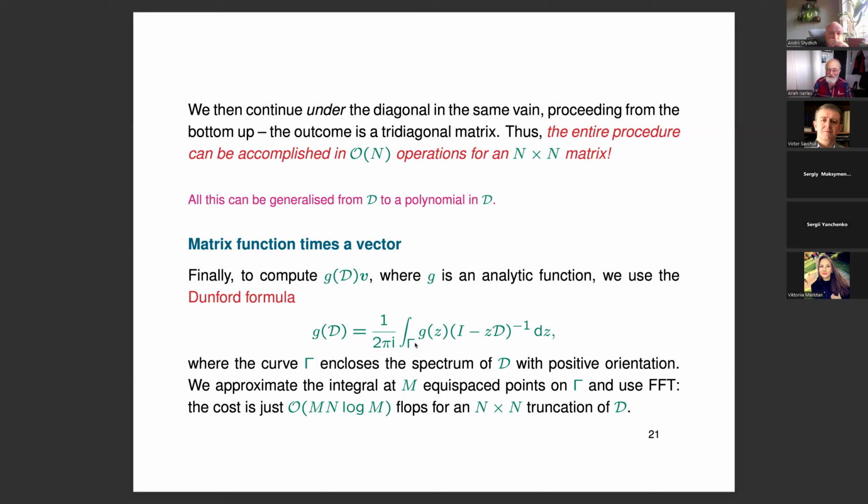It can be done with the fast Fourier transform. Say, if we are taking capital M points, the cost will be only big O of M log M. So it is incredibly fast. For example, to compute the exponential, suppose that M equals N, we have order N squared log N, which sounds expensive, but the MATLAB algorithm to compute the exponential costs order N to the 4 operations, which is rather more.